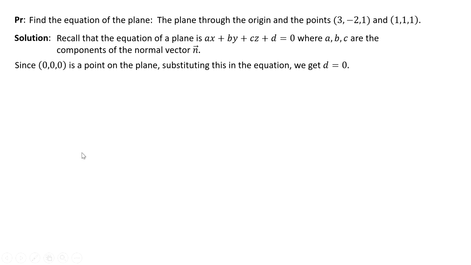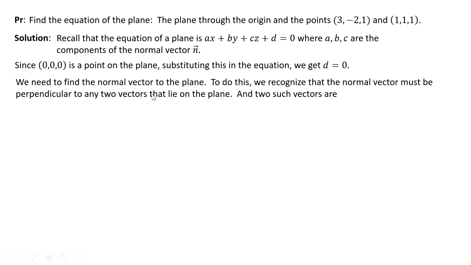Substituting 0, 0, 0, looks like I substituted this into this equation right away. We could have waited and then plugged in. Either way is fine. So when we plug x equals 0, y equals 0, z equals 0, d becomes 0. Okay, cool. We need to find the normal vector of the plane.